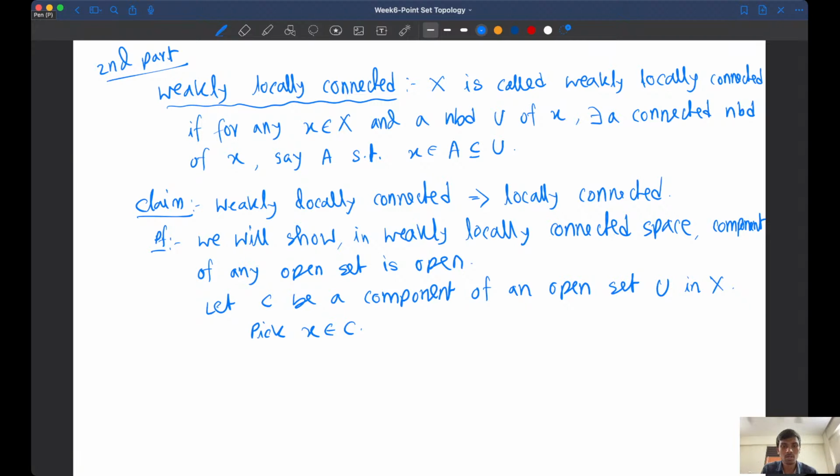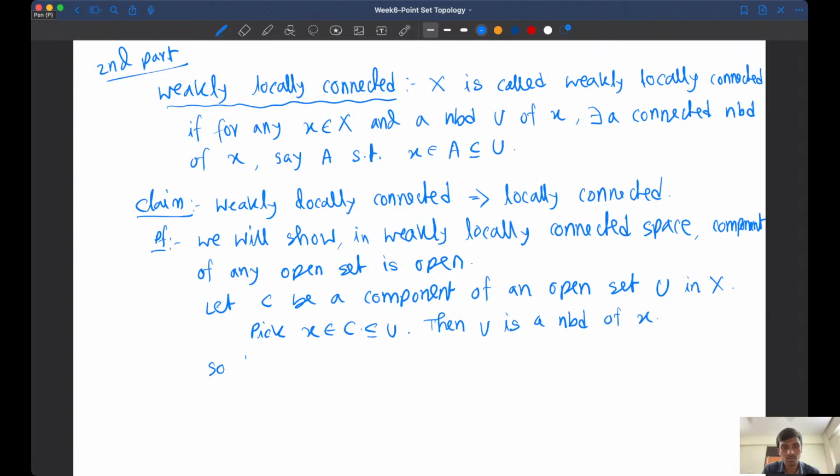And C is already contained in U. So again the same thing, U is a neighborhood of x. It is basically an open neighborhood, but it's fine, because I want to use weakly locally connectedness, so for that U being a neighborhood is enough.